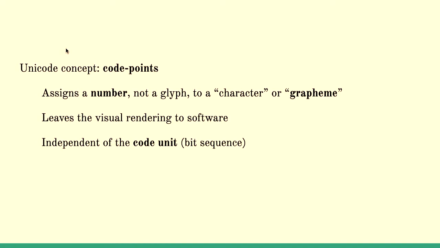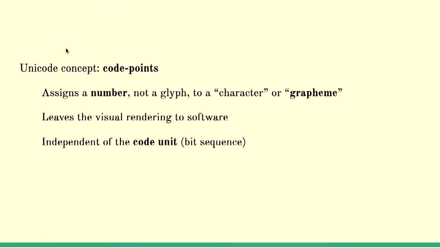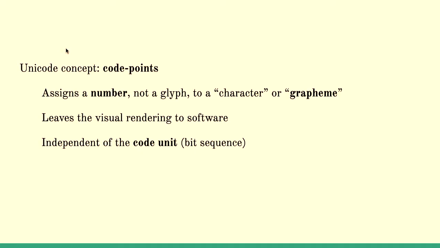So there's a little intermediate step between the concept of the letters themselves and what we send, which are bits. Then the Unicode standard leaves the visual rendering to each software. It doesn't dictate that this letter has to look like this. It just defines the concept of a letter, like for example the letter A in the Latin alphabet, and assigns it to a specific code point.